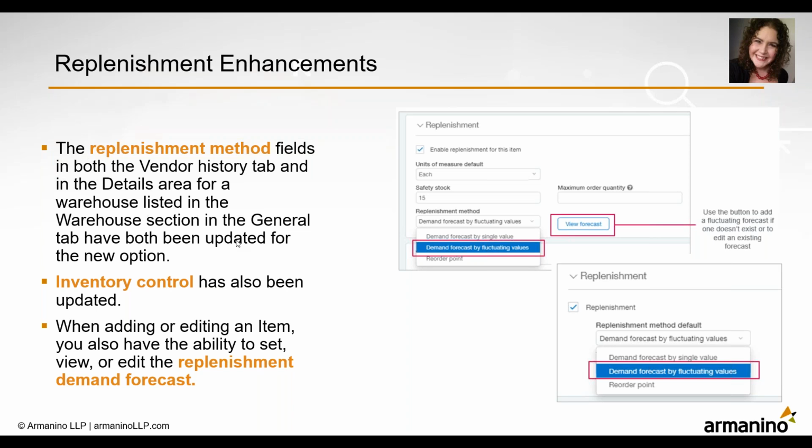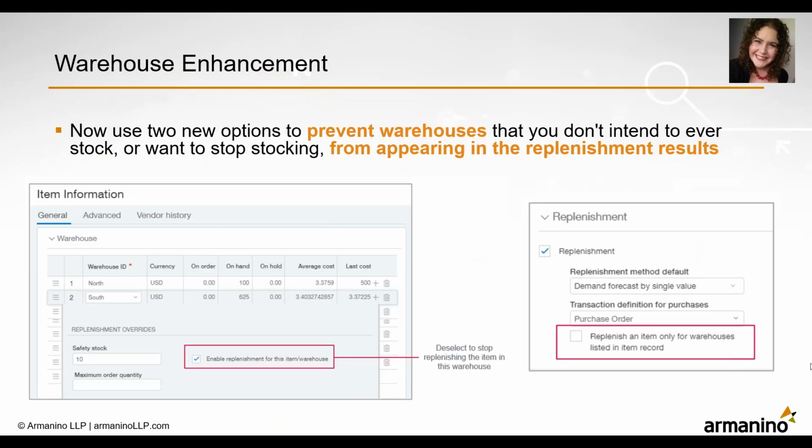So it's also been updated. The second screenshot on the bottom there is the inventory control update. So you can update it there as well. So a lot of places that you can see what the forecast is, and also make sure that everything is internally consistent and up to date there.